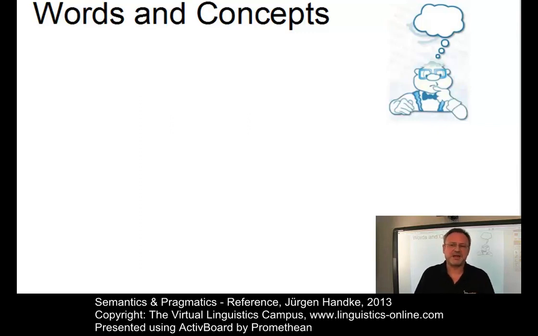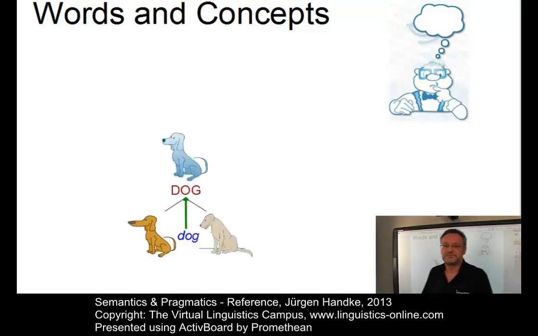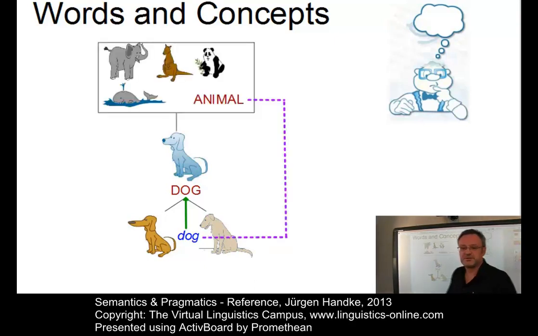Words directly activate concepts and indirectly give access to other concepts linked to them as well, depending on the strength of the link. For example, the word dog has a direct link to the concept DOG, but only an indirect one to the superordinate concept ANIMAL.